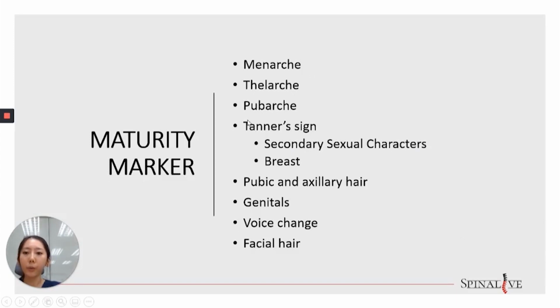Okay, so moving on would be maturity markers. Quite often when we see a patient, especially an adolescent or age 8 to 9, one of the few important questions is menarche. Have you gotten your first period? Then you look at whether there are any changes to their breast shape.